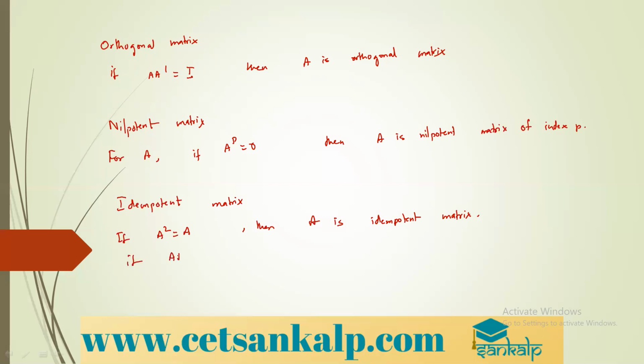If AB is equal to A and BA equal to B, then A and B are idempotent matrices.